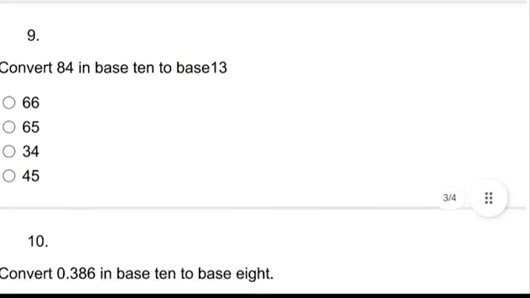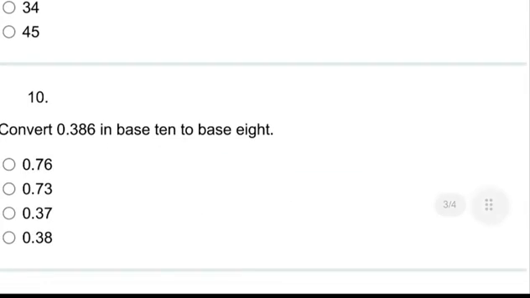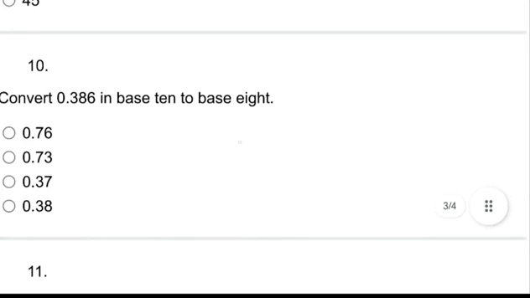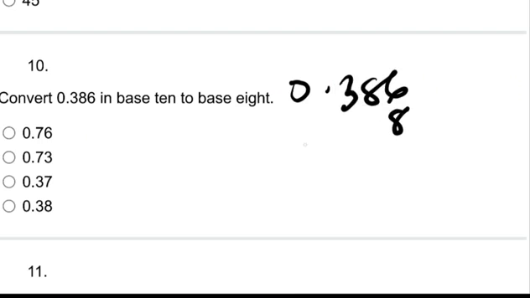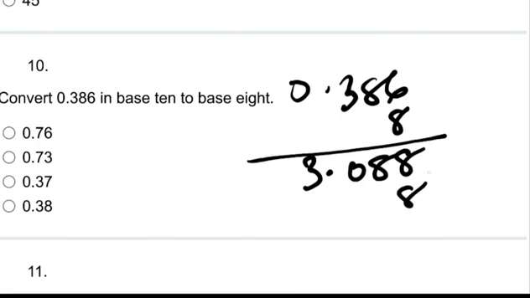So the next one, we have converted this in base 10 to base 8. You just multiply the decimal part, that is 0.386 times what? Times 8, right? We can use a calculator. 0.386 times 8 gives 3.088. So we multiply the decimal part again by 8.